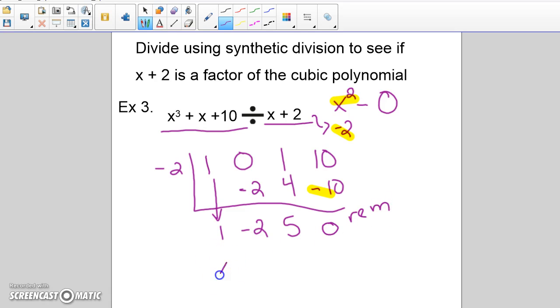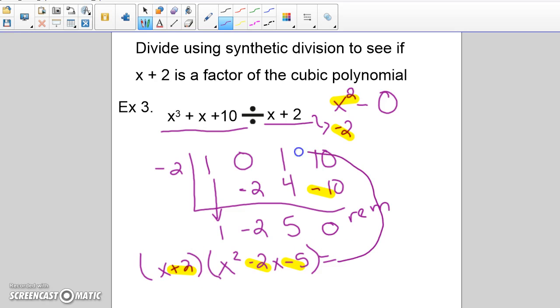And what this translates to is x squared minus 2x plus 5 times x plus 2 results in my original equation. Okay, so x plus 2 is a factor of that polynomial. Okay, next slide.